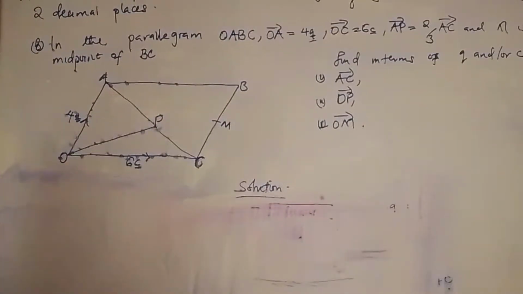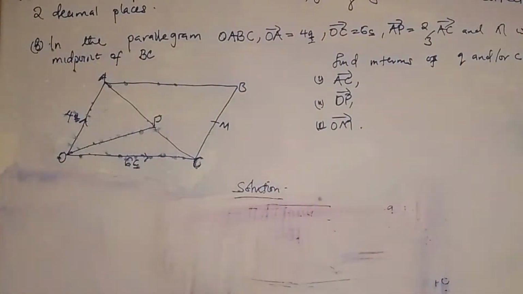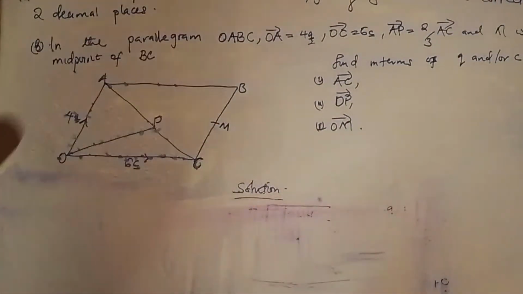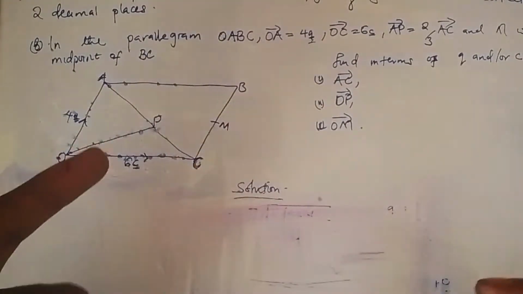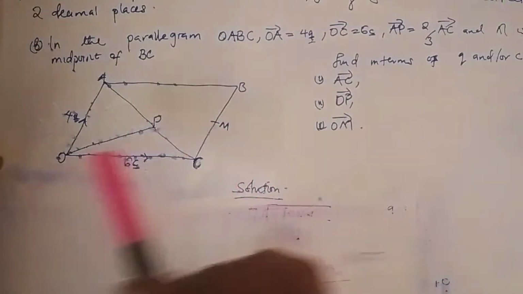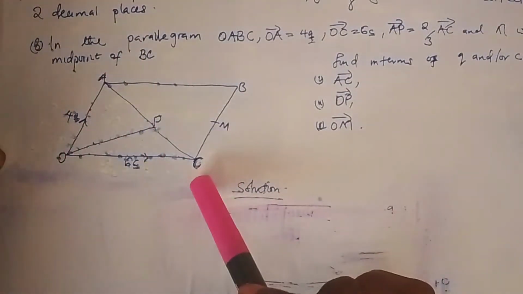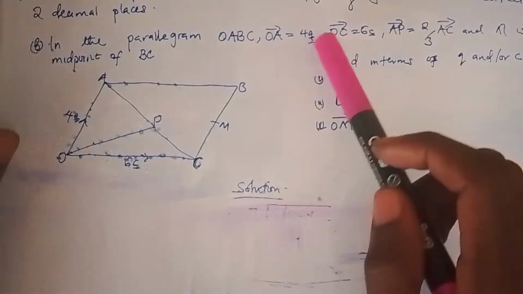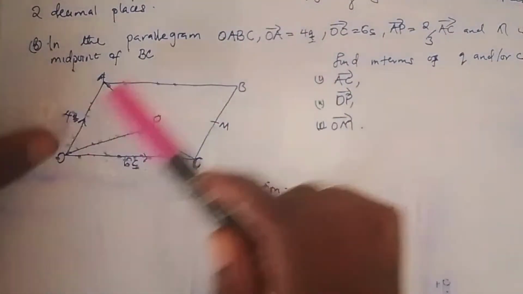So what is the meaning of vectors before we start solving? So whenever they ask you vectors in math, they're asking you an alternative way or a different way in which they can use to reach the vector. So in our case, we have in the parallelogram, we have OABC. OA is 4A, so vector OA.